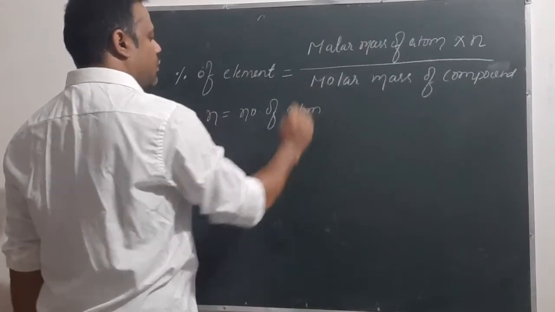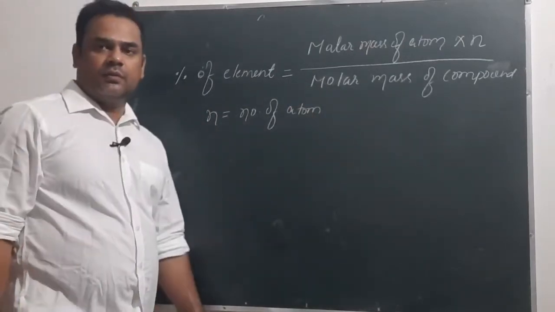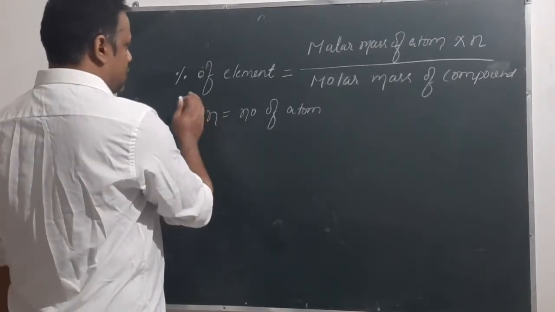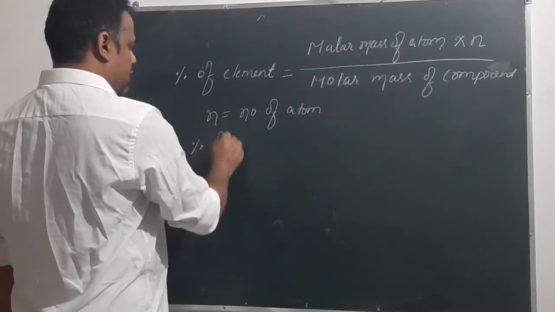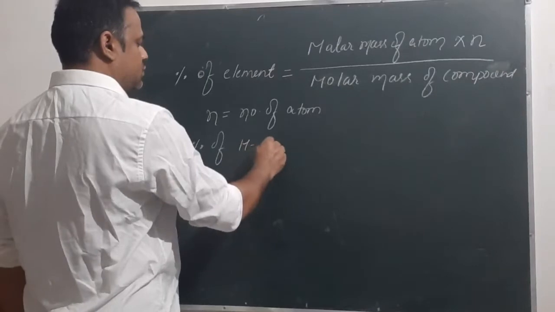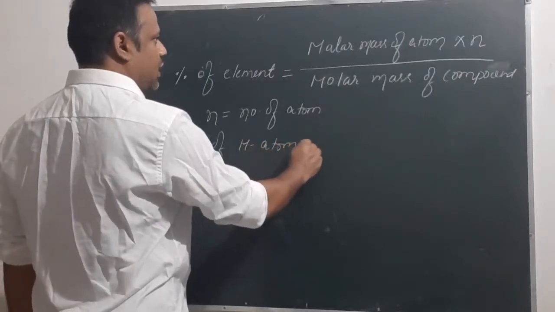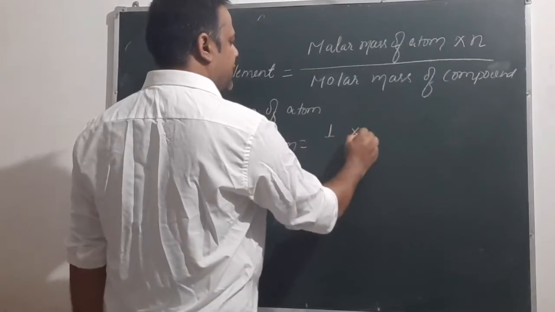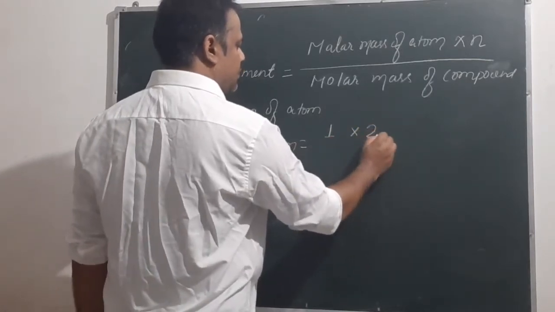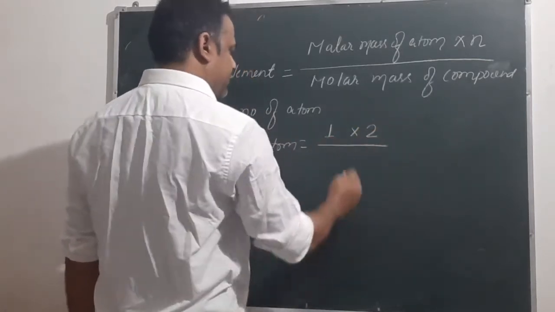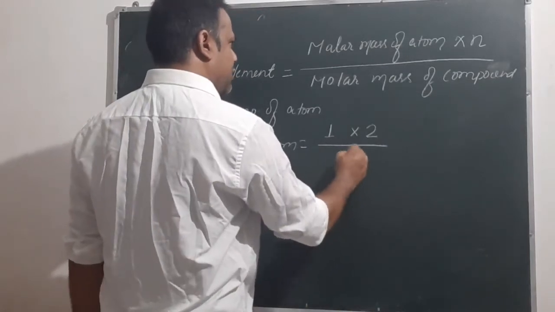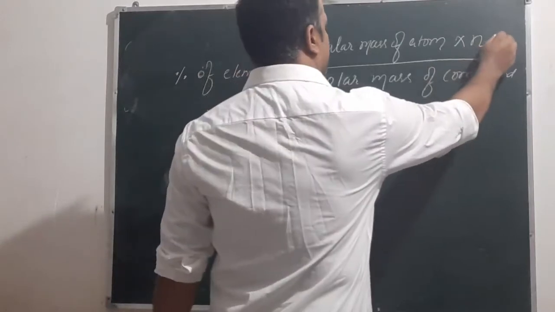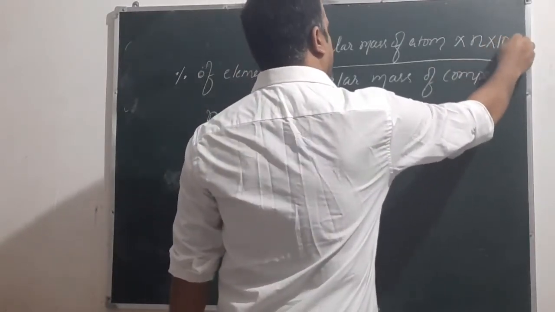So if we go to determine the percentage of hydrogen atom, it will be equal to the molar mass of hydrogen atom, 1 gram per mole, multiplied by the number of atoms in H2SO4, which is 2, divided by the molar mass, and as we have to find the percentage, we need to multiply this by 100.